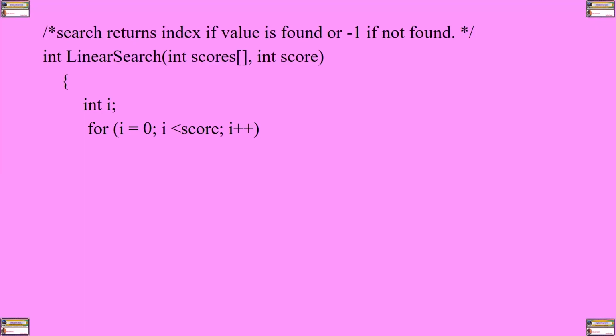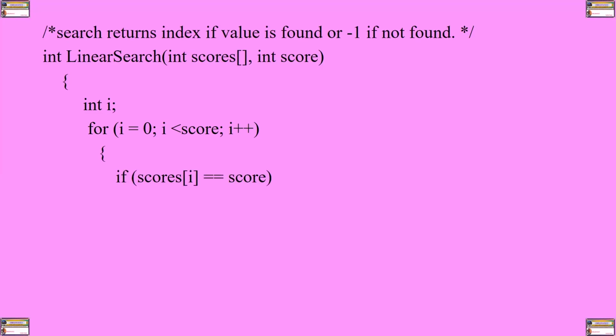So it will compare the value 0 with the value which has been received. If what is in I is less than what is in score, the processor will enter the loop and do the following.